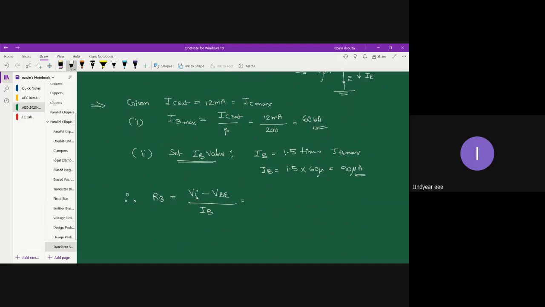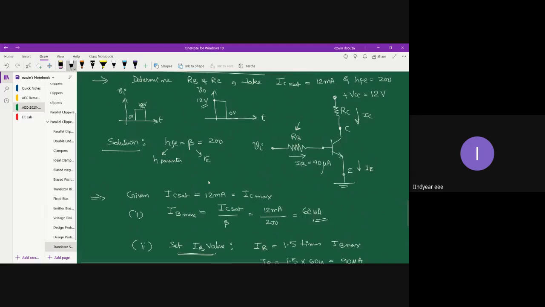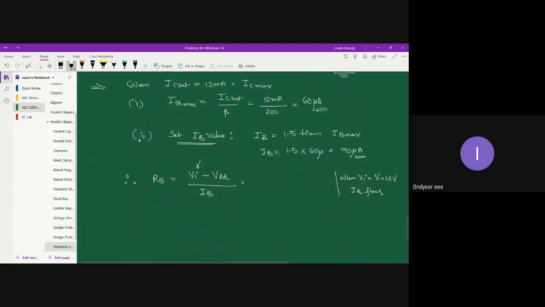Here, when VI is equal to 12 volts, IB flows. So this VI should be assigned the 12 volt value. When VI is equal to 12 volts, the base current flows, right?